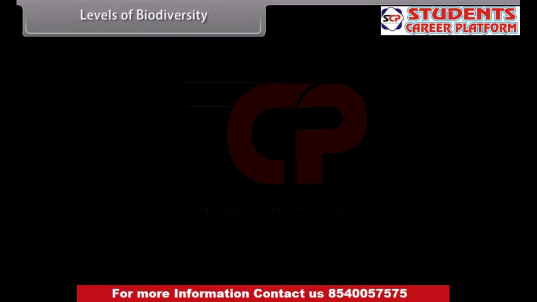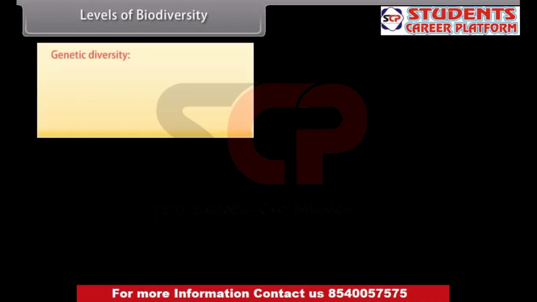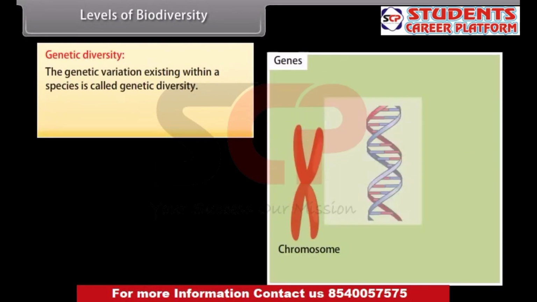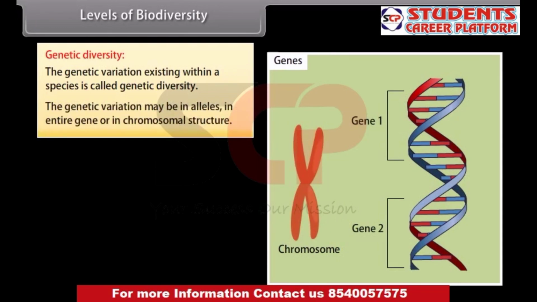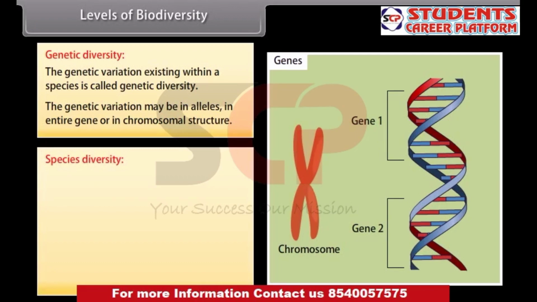Levels of biodiversity. Genetic diversity. The genetic variation existing within a species is called genetic diversity. The genetic variation may be in alleles, in entire gene, or in chromosomal structure. Species diversity.